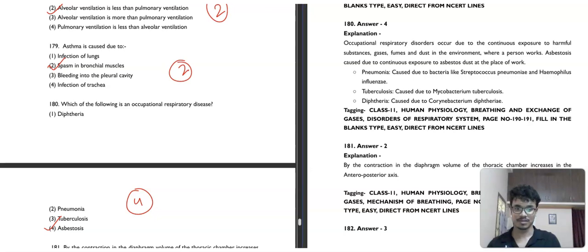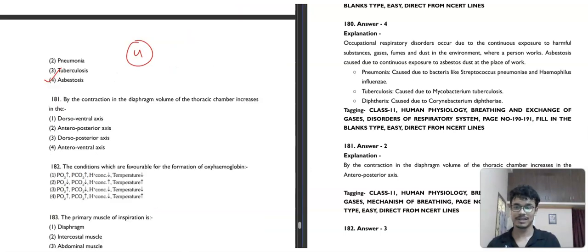Then question number 181. It is saying, by contraction of the diaphragm, the volume of the thoracic cavity increases in which axis: dorsoventral, anterior-posterior, and so on. I have a trick for this, though I don't know if you can relate to it. It is saying contraction of diaphragm.